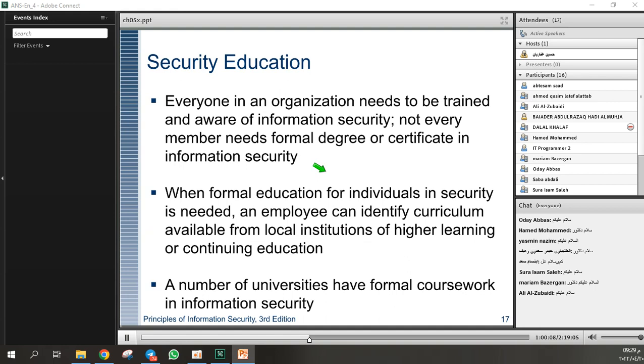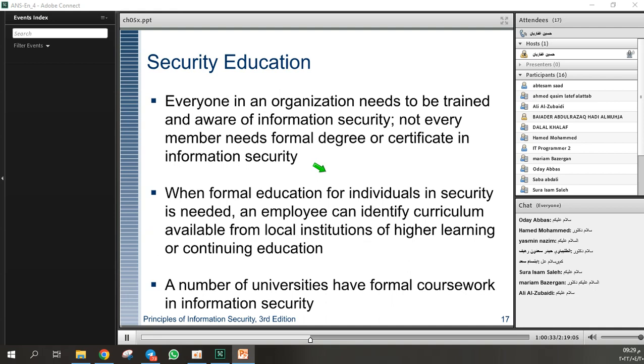For example, our current course. Our current course is a university course. We are talking about information security and how we can make security in our organization.